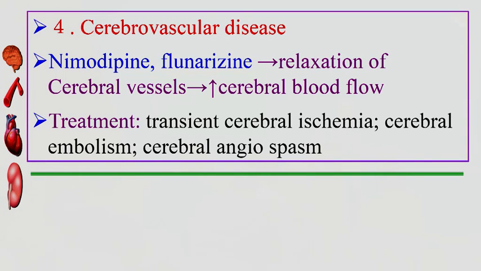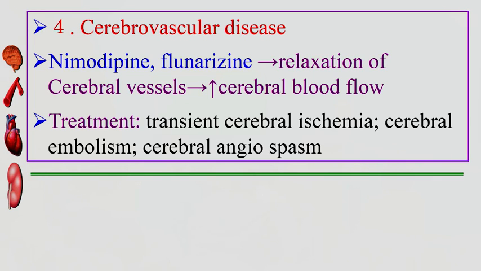Besides this disease, we also use calcium channel blockers to treat cerebrovascular disease. And here, for cerebrovascular disease, which generation of CCBs should we use? Second, yes. The second generation CCB, such as nimodipine.